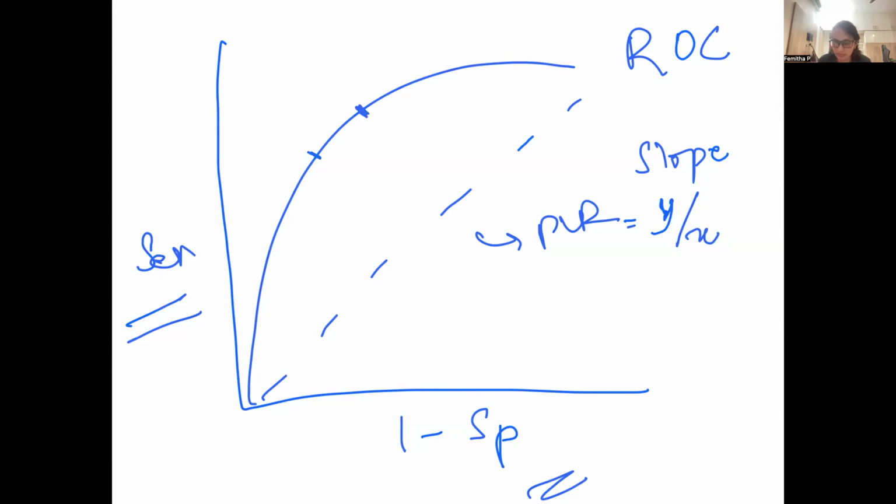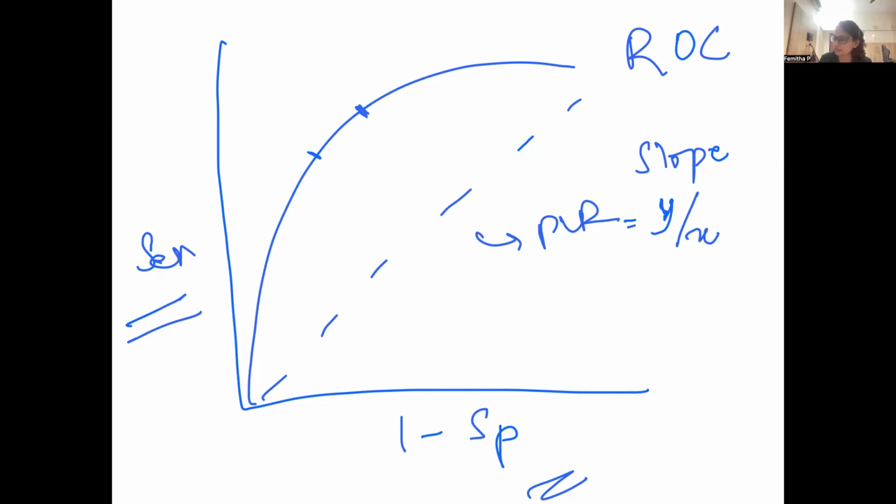Between a CRP of 5 and 10, the slope is the likelihood ratio. It's the tangent out there. At that part, the slope is the likelihood ratio, which is the change in sensitivity upon the change in 1 minus specificity. So it's not really the dotted line which you put.